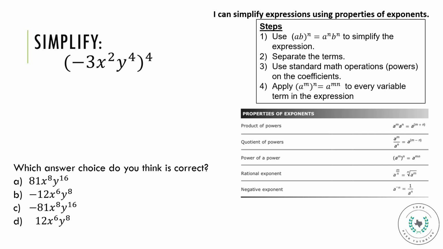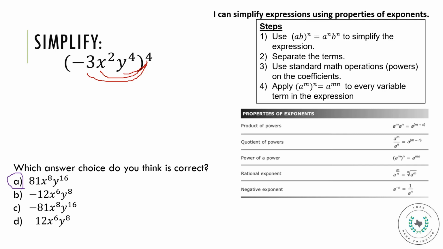Alright, so in this case, our correct answer choice would be A. And I'm going to go ahead and explain why that is. So, once again, we start off using our first property to state that all the terms here, in this case 3 of them, are done to the power of 4.